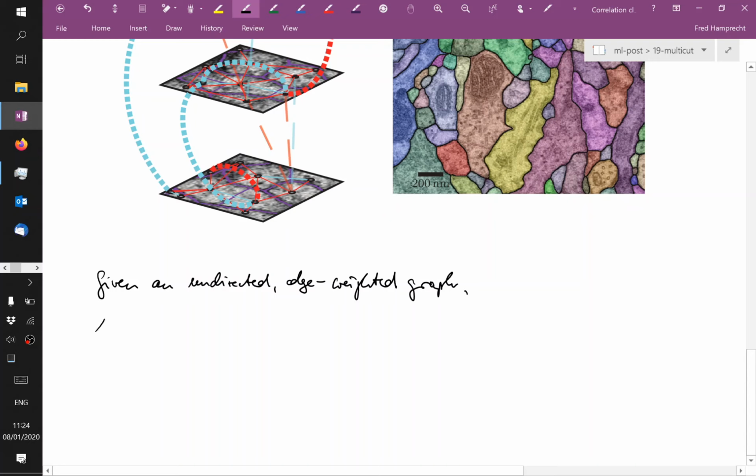The task is to find, I'm going to use a non-technical term here, a harmonious partitioning. What do I mean by that?